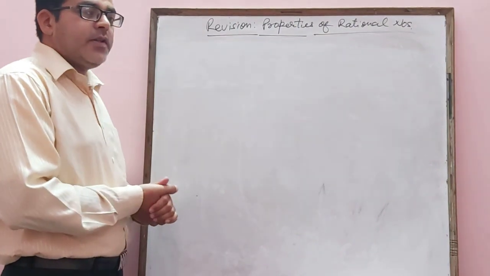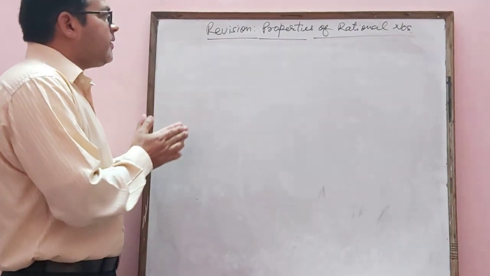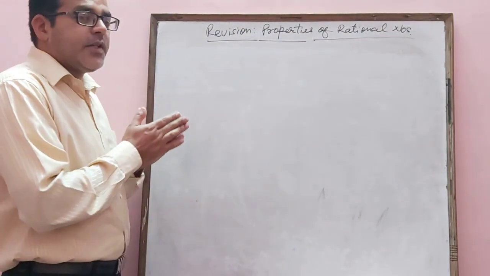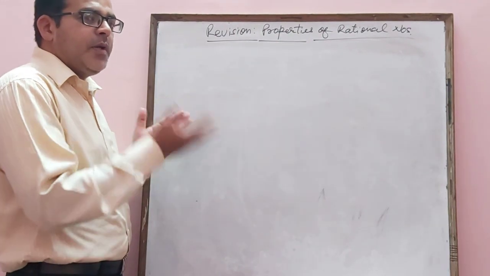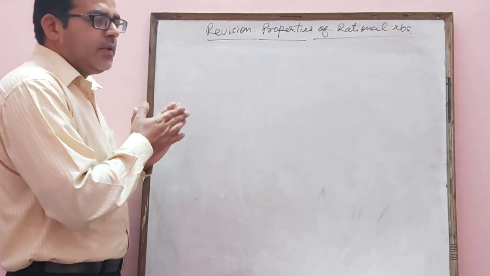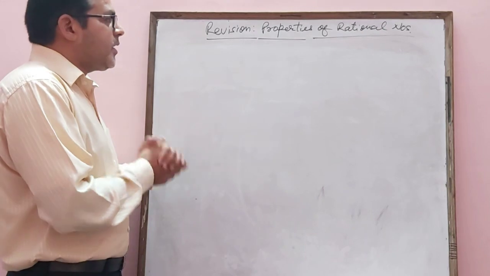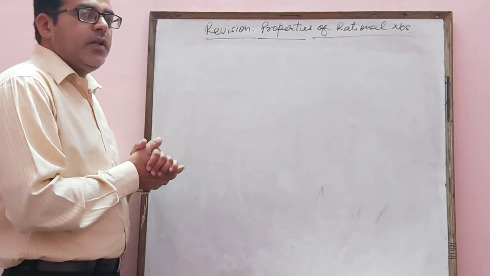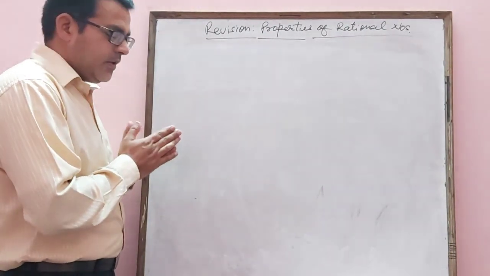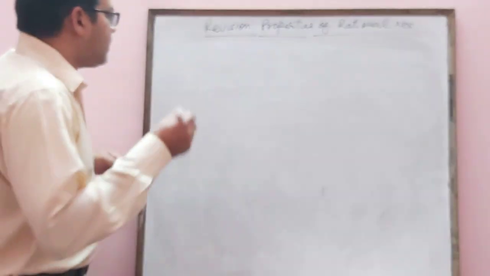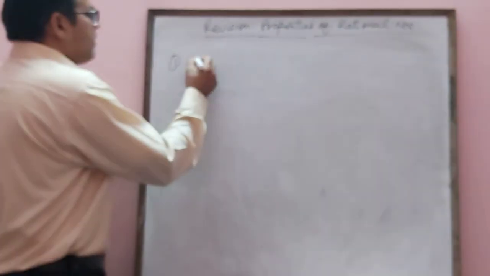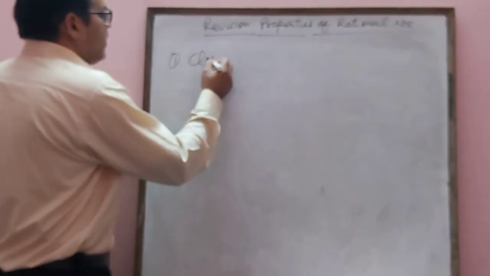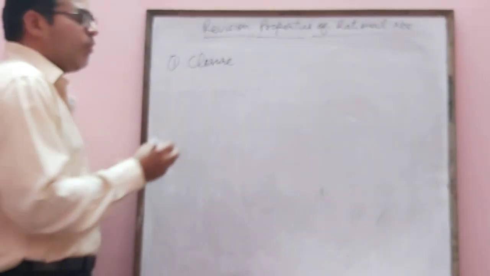Welcome to today's session. Today we will discuss some properties of rational numbers. In the previous video also we discussed three properties of rational numbers, and the remaining three we will discuss today. In the previous lesson we discussed three properties. Please have a look at this.